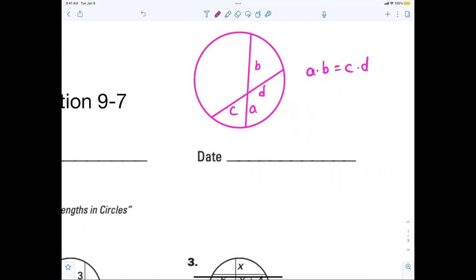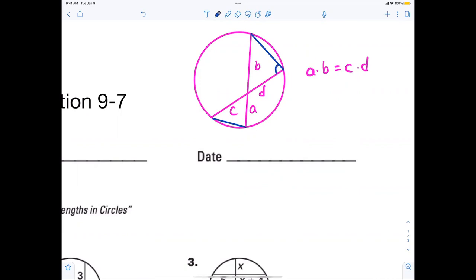Now, if you want me to show you real quick why that is true, it is just from the fact that you can construct triangles. And then they realized what's true about those two triangles always. They are in fact similar. So how do we know they're similar?